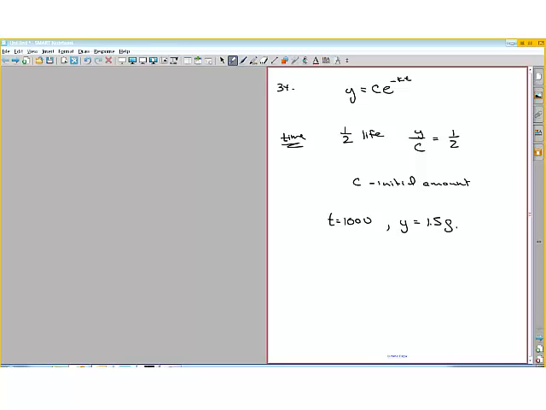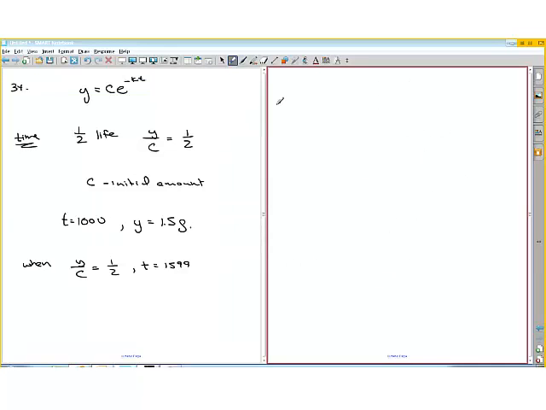From these two things, the half-life, which says when y divided by c is equal to 1/2, t is equal to 1,599.